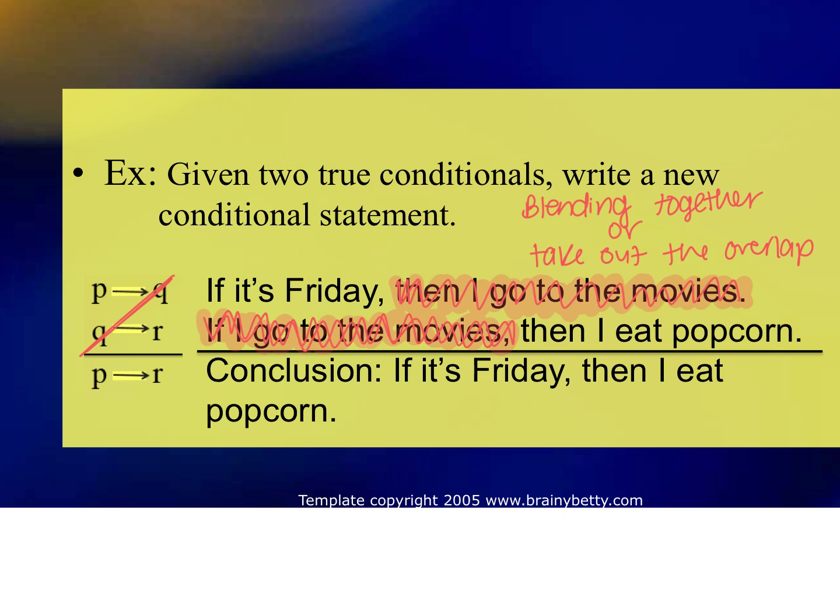So what I'm keeping is that if it's Friday, then I eat popcorn. That's the section I'm keeping for my conclusion.